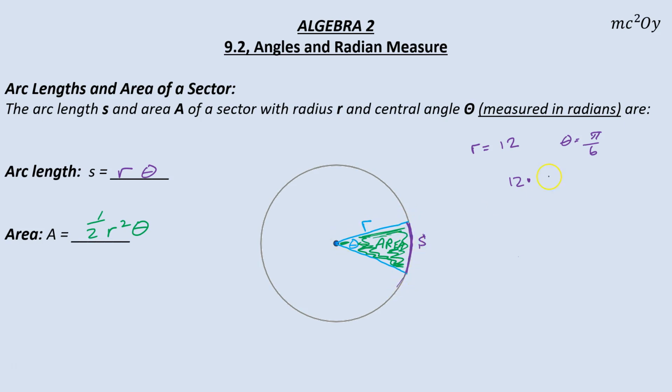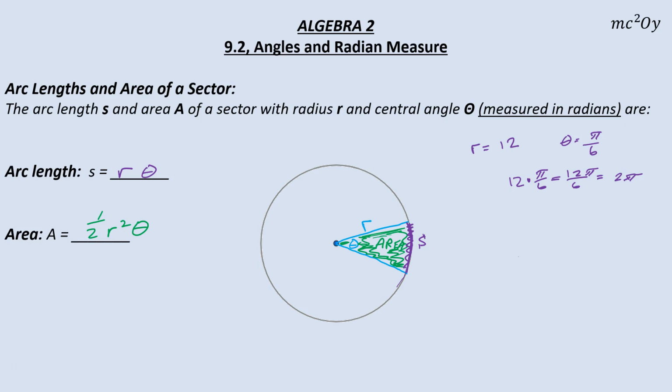You're laying it down, but you're only taking a portion of it. The portion you're taking is pi over 6. So in this case, pi over 6 times 12 gives me 12 pi over 6, which would be 2 pi. So the length of this arc would be 2 pi if the radius is 12.